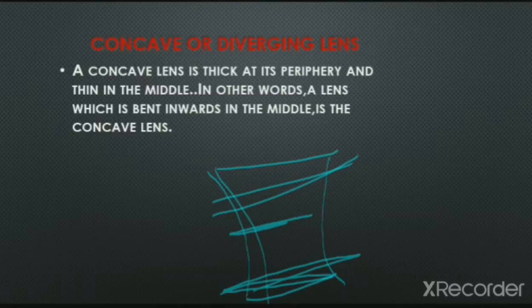So in any way you can define a concave lens, by its action or by its shape. Also if it is asked what a diverging lens is, don't get confused, both are the same thing, concave lens or diverging lens, and we'll discuss the converging and diverging actions.